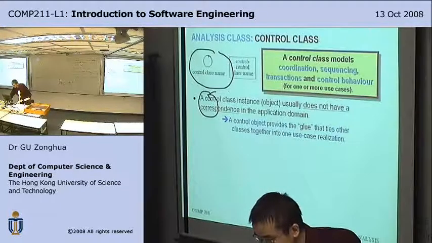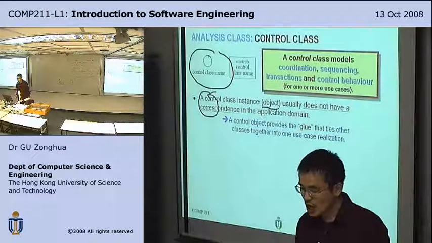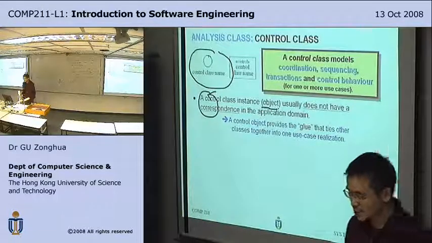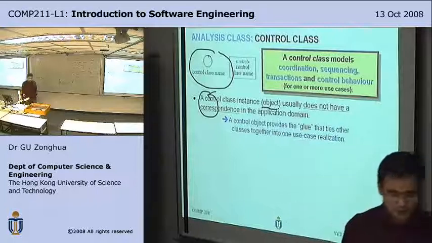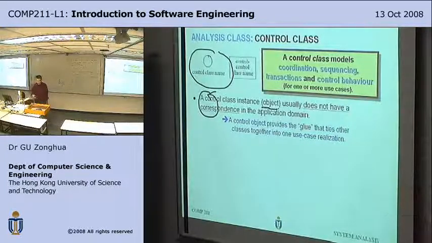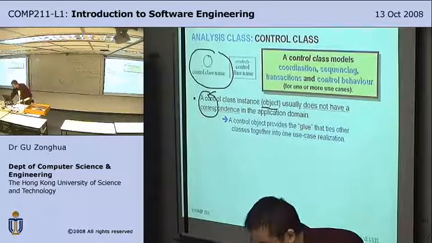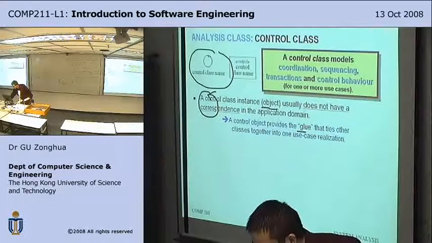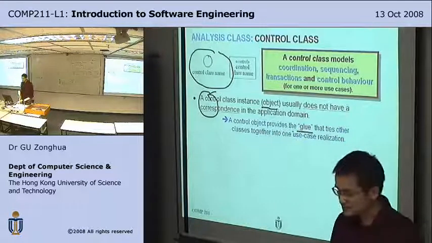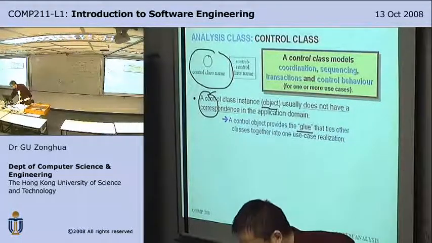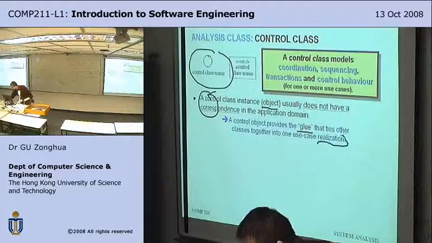A control class instance, that is the control class object, usually does not have a correspondence in the application domain. They are purely a software construct to help you implement your stuff later. It provides the glue that ties other classes together into one use case realization.